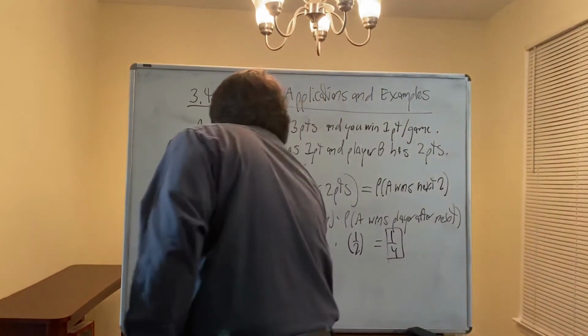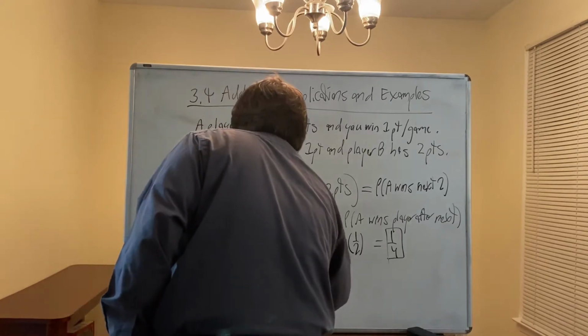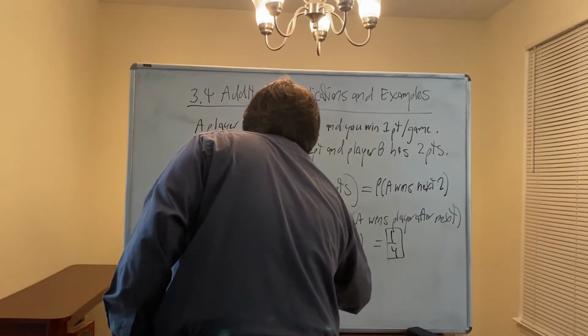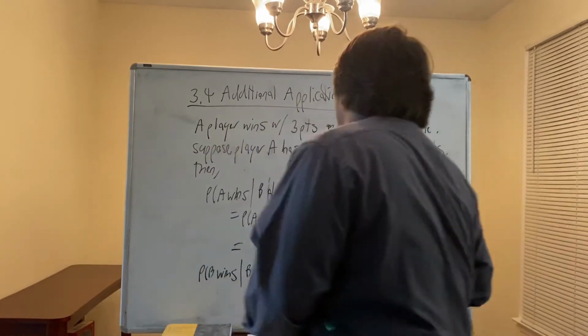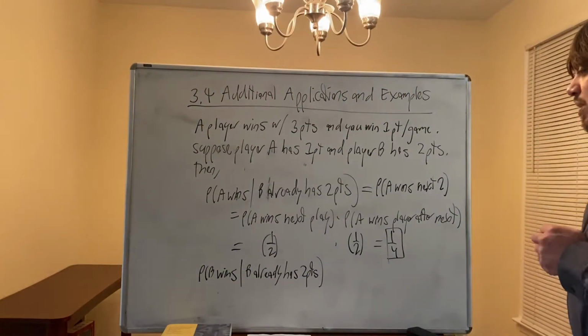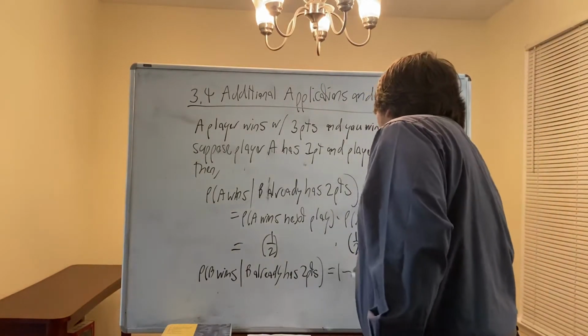And so what's the probability B wins, given that B already has 2 points? That's equal to 1 minus the complement.